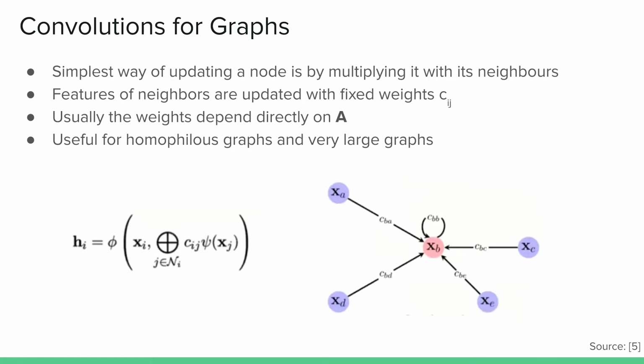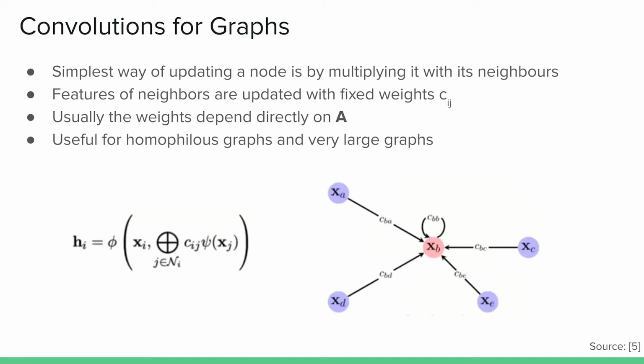One thing I should point out is that the information we obtain from all nodes in our neighborhood has to be aggregated somehow. This is the aggregation function that you can see here, and then we apply one final transformation, some nonlinearity phi, onto the overall result.